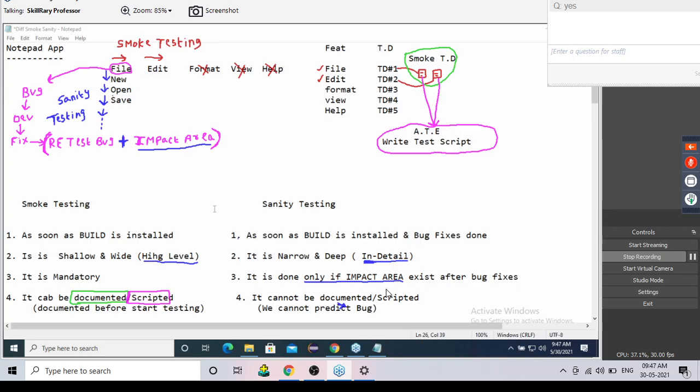In an interview, when they ask you what is smoke testing, you don't talk about this concept. When they ask about smoke and sanity, they only talk about this concept. Write one last note.